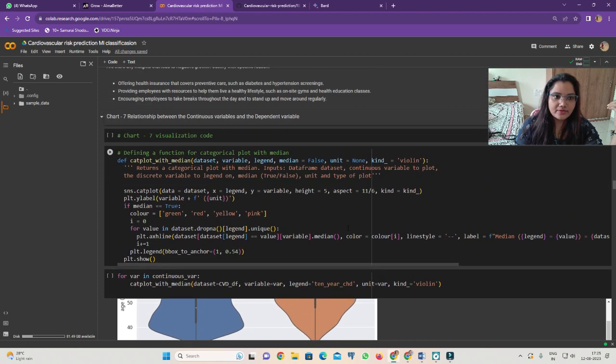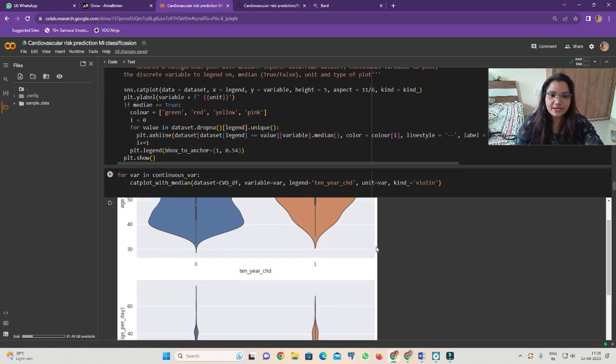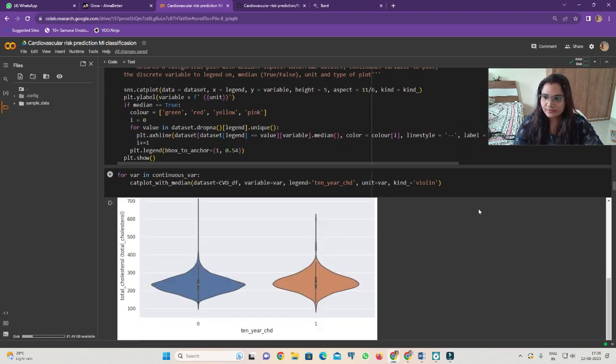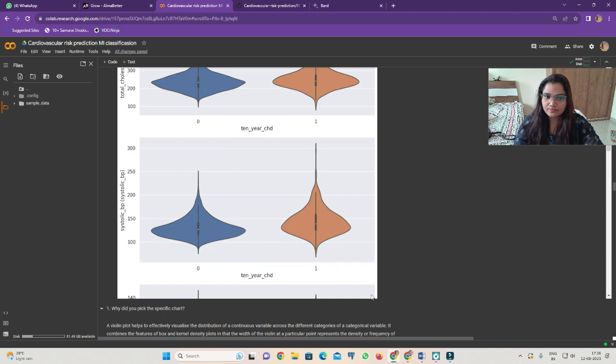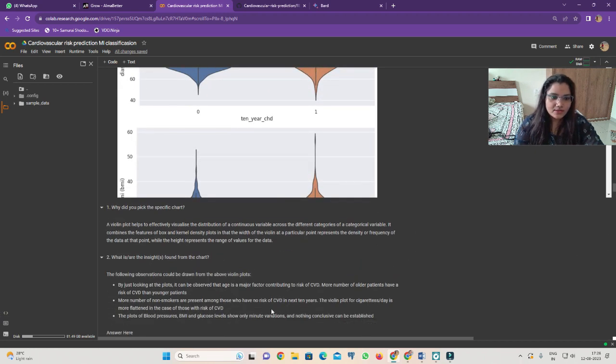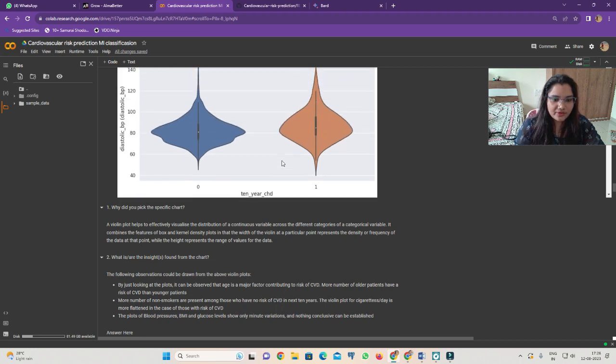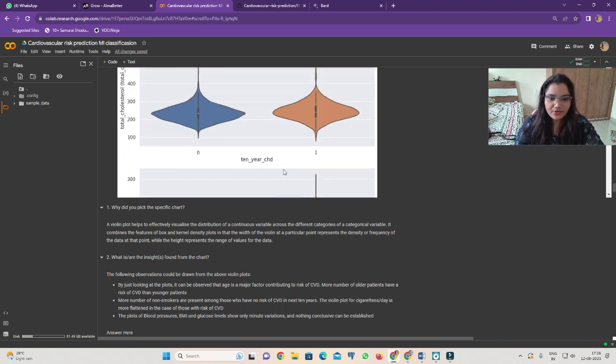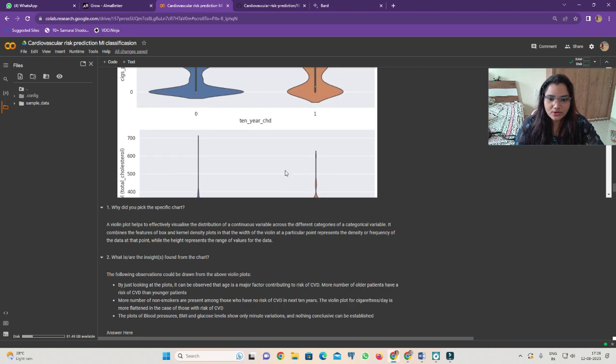In the seventh chart we are seeing the relationship between continuous variables and the dependent variable. By just looking at the plots, we can observe that age is a major factor contributing to the risk of CVD.